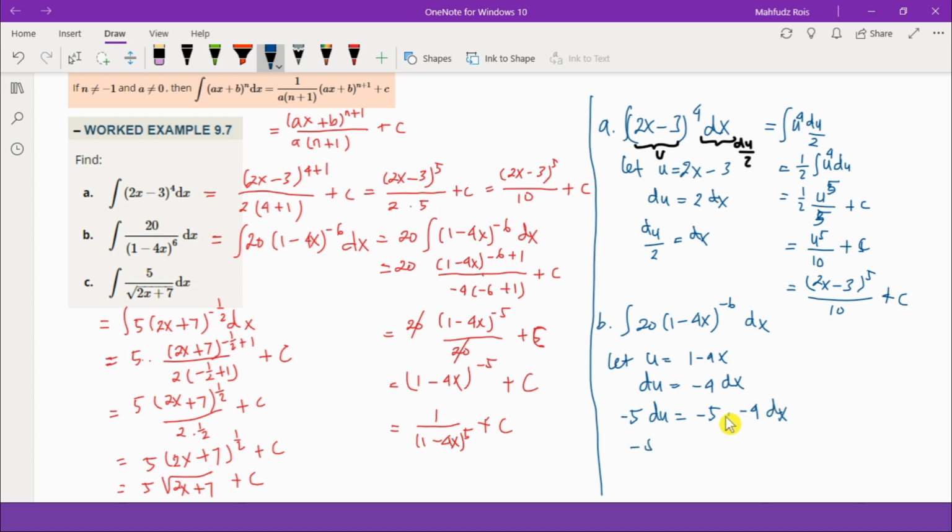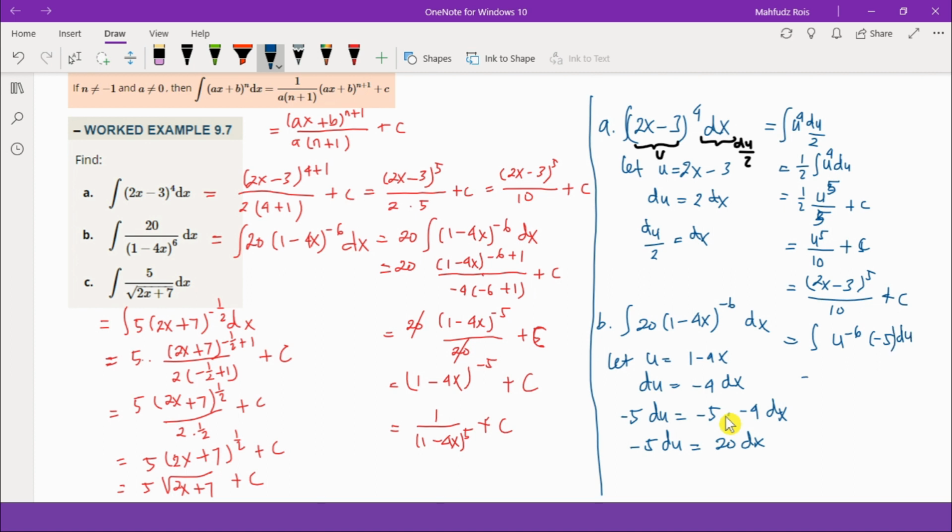So minus 5 du equals 20 dx. Alright, okay. Now here we can change it to the integration of u to the minus 6, where here we have minus 5 du.